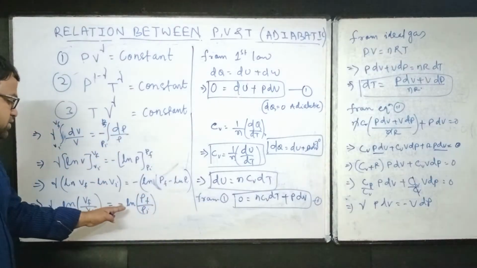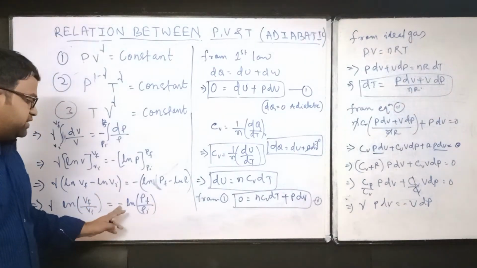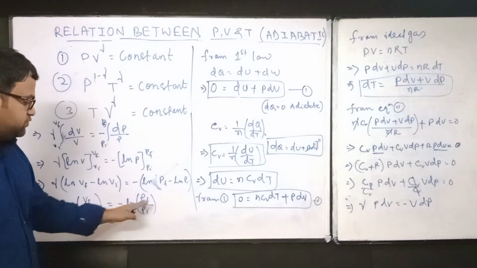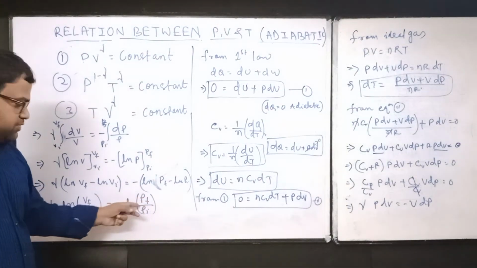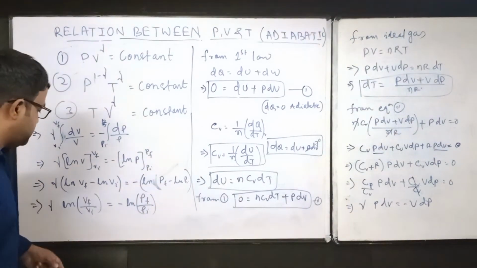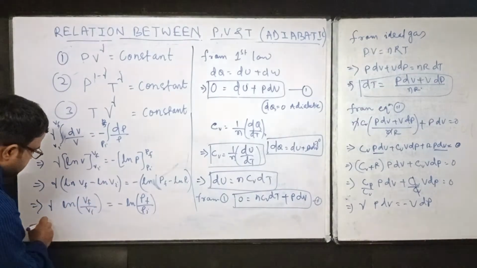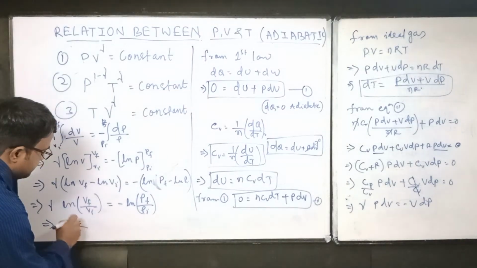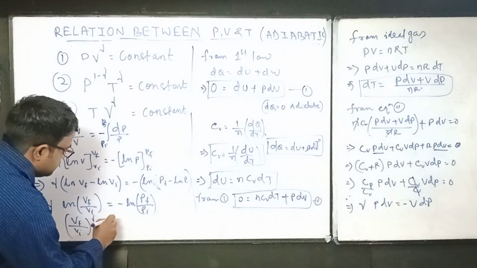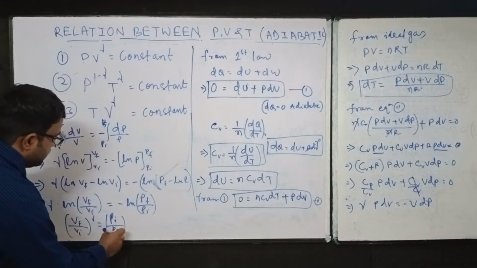Now you see the coefficient becomes a power. So here gamma will become the power, and the minus 1 will become a power too, and minus 1 means it becomes the reciprocal. That means ln Pi by Pf, it will become reciprocal, and here it will be gamma power. So the final expression will be (Vf by Vi) to the power gamma equal to Pi by Pf, and I removed ln from both sides.